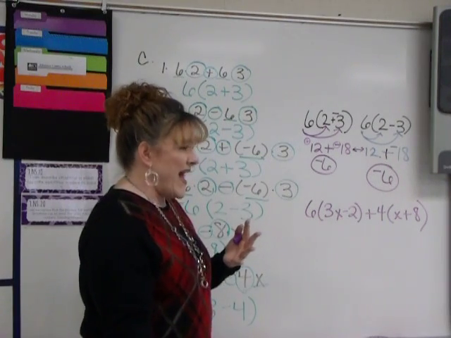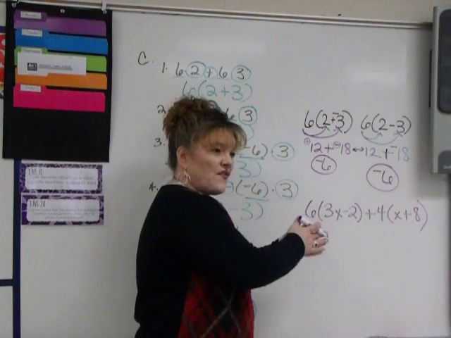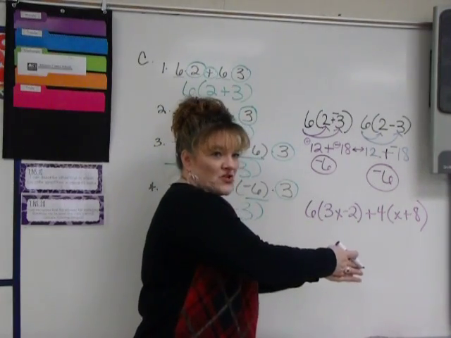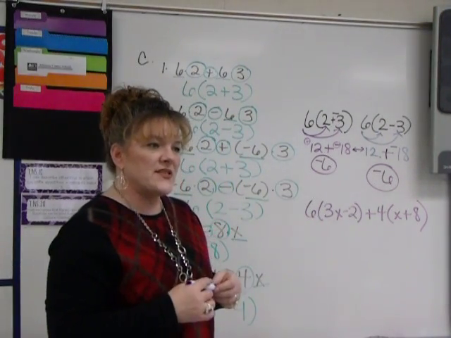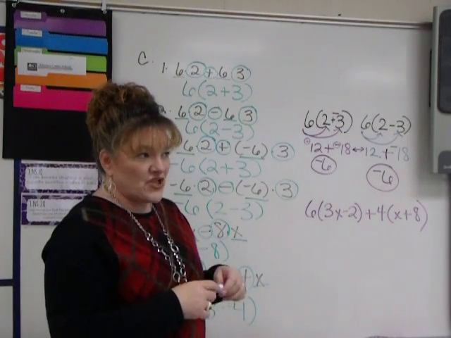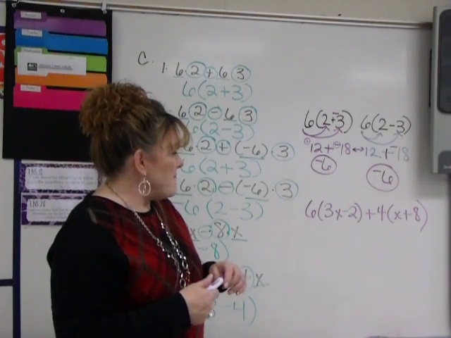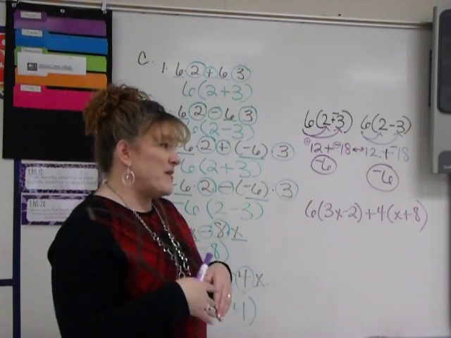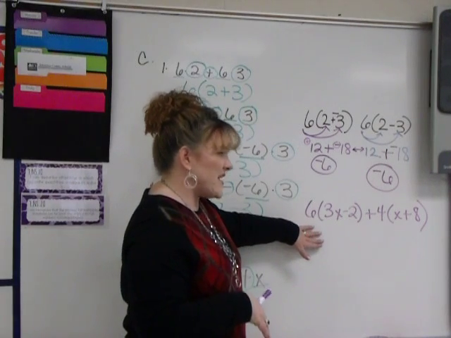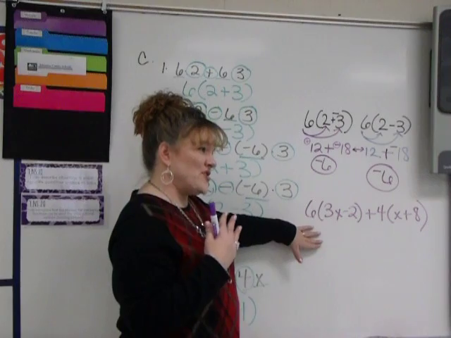Once you have it all factored out, all of your x's have to be put together and solved. All of your regular numbers with no variables have to be put together and solved. Well, that's called combining like terms, and that's the next thing that you would have to do. So that's where this is going, is being able to take problems that are like this and being able to understand what you've got.